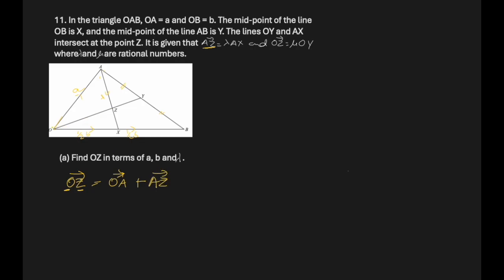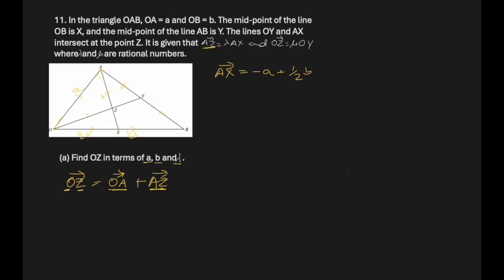Okay. So OZ can also be reached with this, that is the vector. OA is A, we already know. The problem is AZ. Since AZ is part of AX, let's find AX in terms of A and B. So if I want to go from A to X, I can go from A to O first. A to O is minus A. And then from O to X is half of the B.